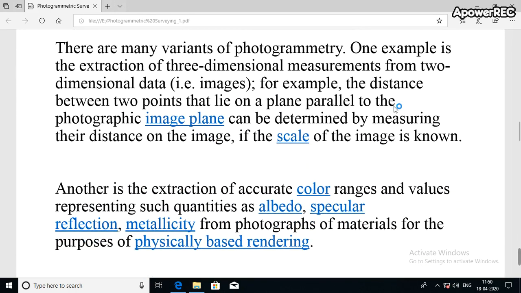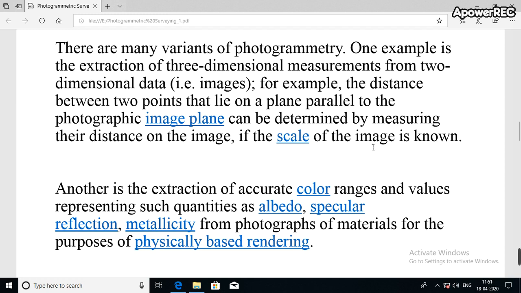There are many variants of photogrammetry. One example is the extraction of three-dimensional measurements from two-dimensional data, which means the photo that we get is two-dimensional. From there, by applying different methods, you can get the idea about the three-dimensional measurements of that area.